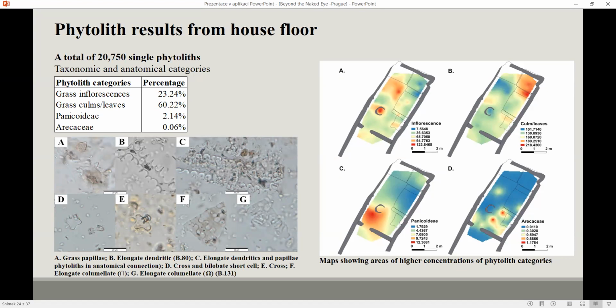Panicle grasses were found next to the hearth, but one of the most remarkable findings is the presence of phytoliths from palms. Why? Because palms are not local to Central Anatolia. So this is certainly an intrusion, an exogenous plant that was present in Çatalhöyük, and I'm only presenting this building, but they were found in other contexts as well. And this is a very interesting find.